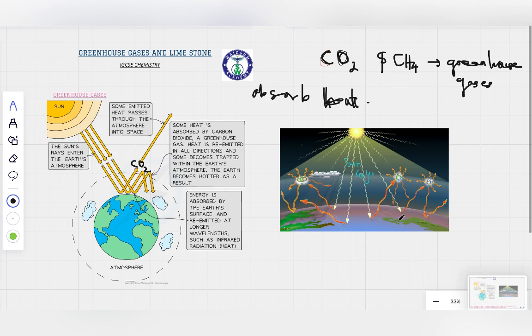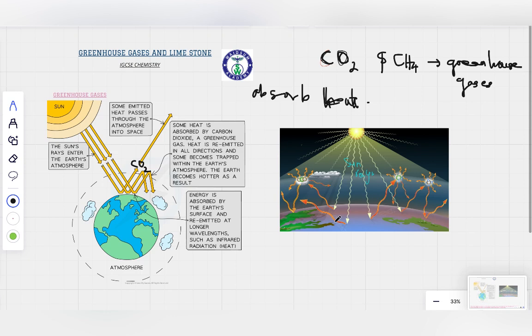The gas in the atmosphere traps the escaping heat. If you look at the arrow, this one is leaving the earth. It traps the escaping heat and returns it back to the earth. So when that happens, the earth becomes warmer than it should be.